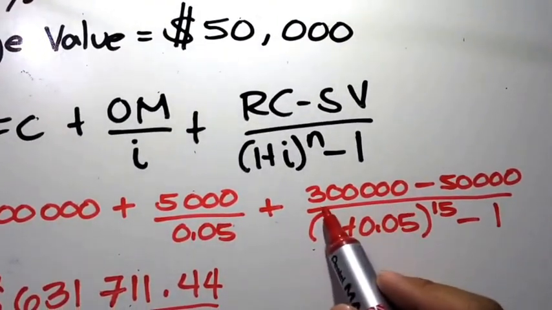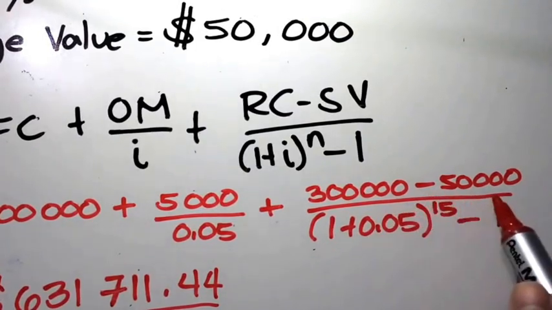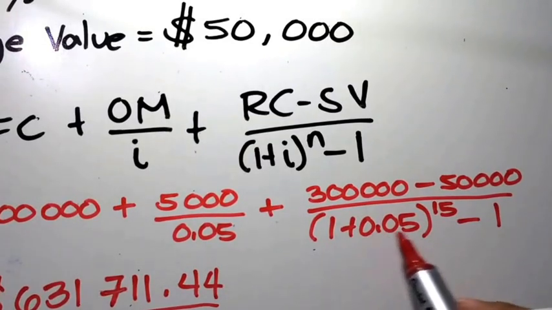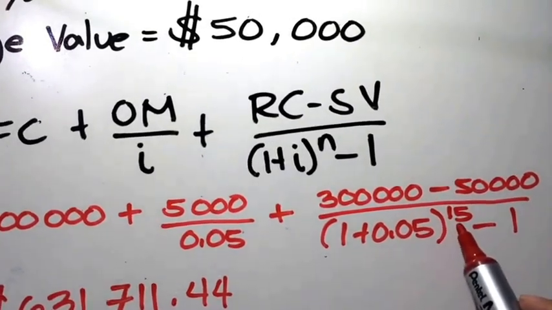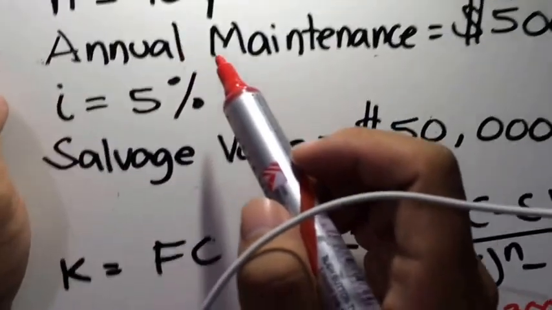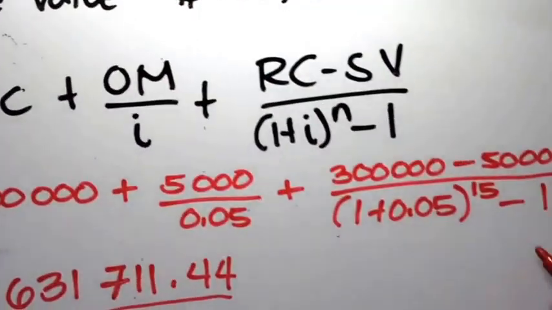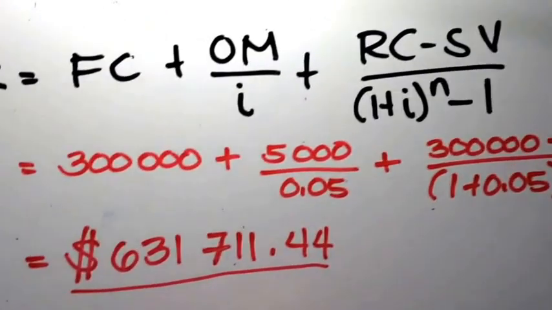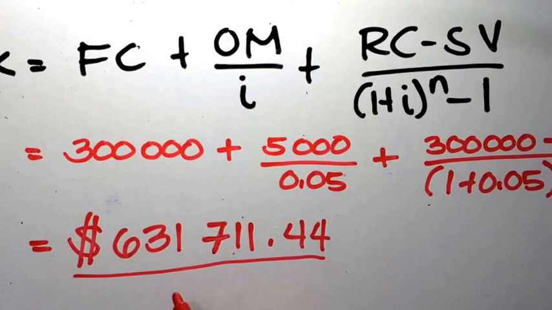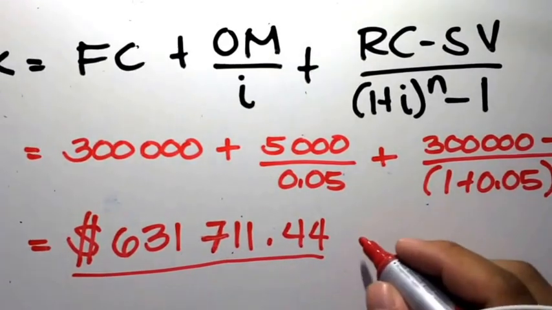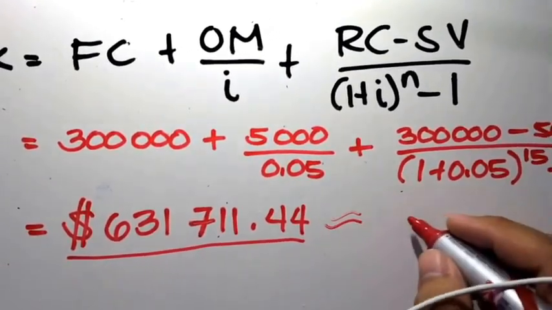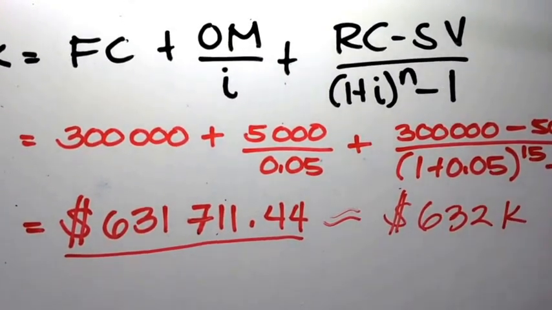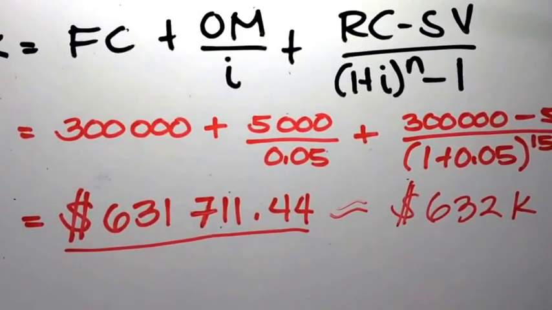As I said, it's also equivalent to the first cost, minus the salvage value of 50,000 over 1 plus the interest rate raised to n, which is 15 years, as given here in our data, 15 years, minus 1. If you compute this and add it up, you will get 631,711.44, or this is approximately, that's about $632,000. So what does it mean?